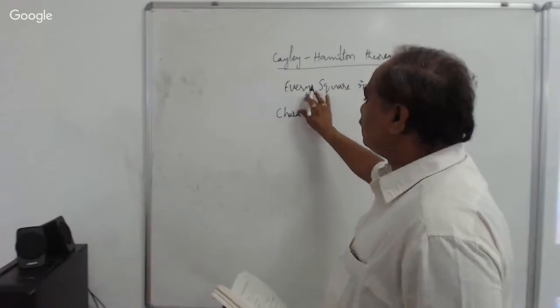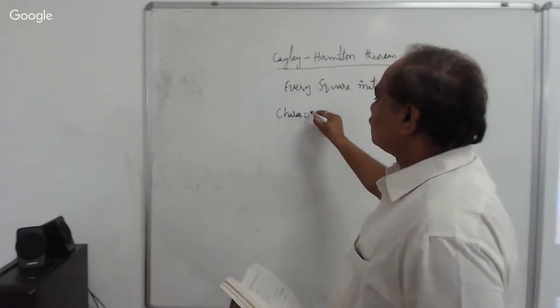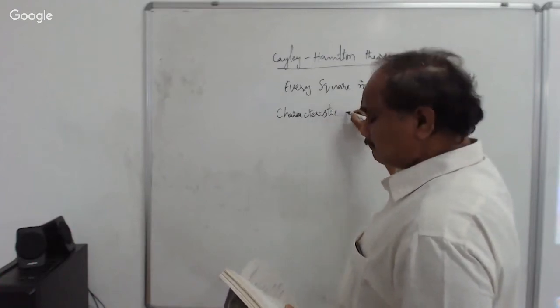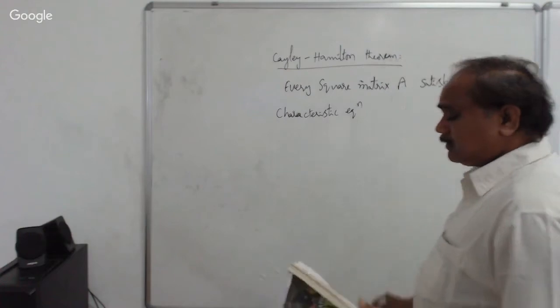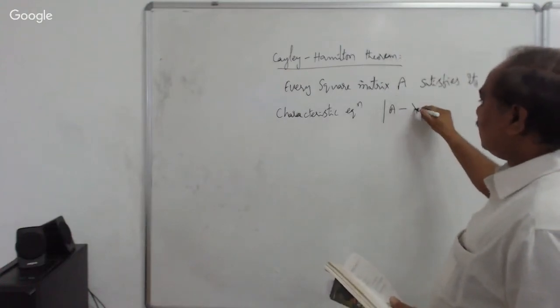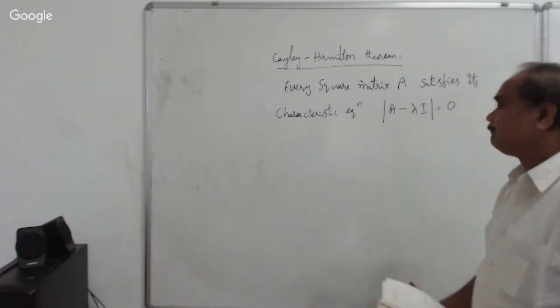That is important. The characteristic equation is determinant of A minus lambda I equal to 0.